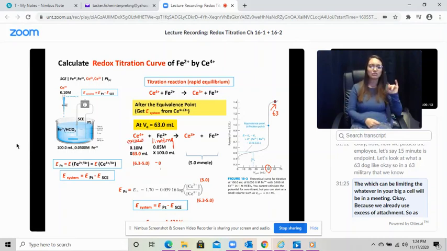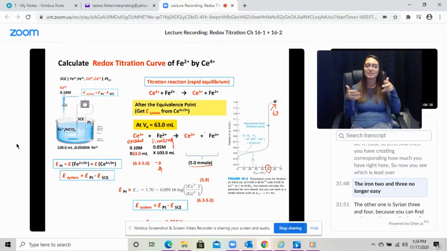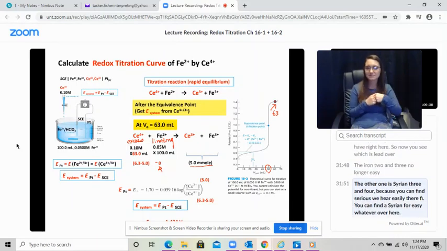So that means this will be close to 0, and then you're creating the corresponding amount you have right here. So now you see what is left over. The iron 2 and 3 are no longer easy. The leftover one is cerium 3 and 4, because you can find cerium 3 here easily, and that's why you can find cerium 4 easily, whatever is left over here.